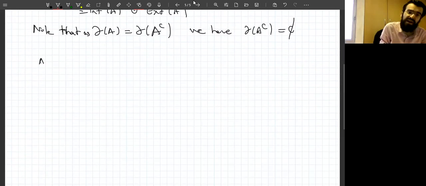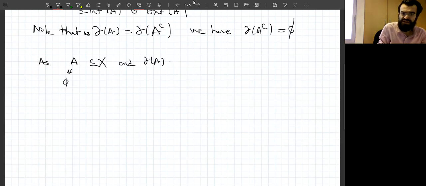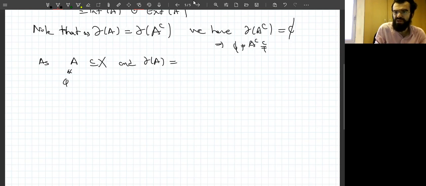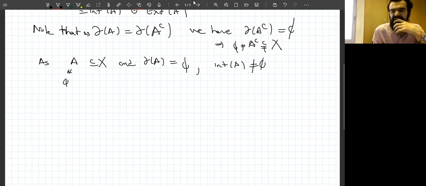Now, as A is non-empty and contained in X, we may conclude clearly that A complement is non-empty and properly contained in X. As A is non-empty and properly contained in X, this implies interior A is non-empty, isn't it? If interior A is empty, then A must be empty, so interior A is non-empty.